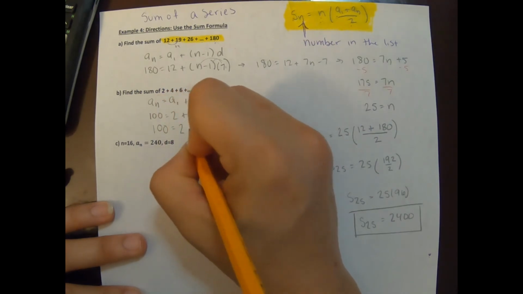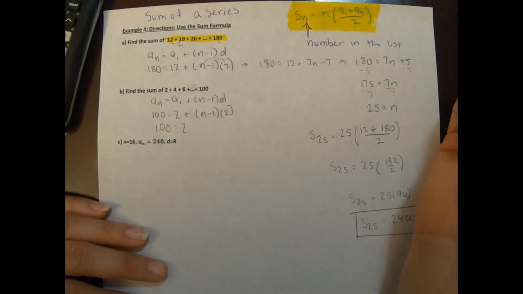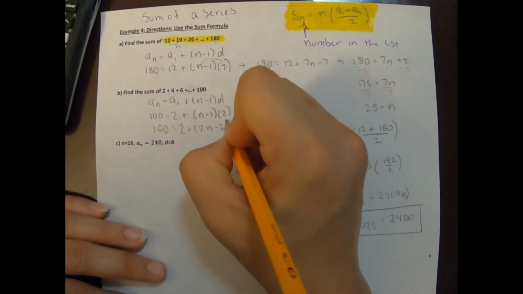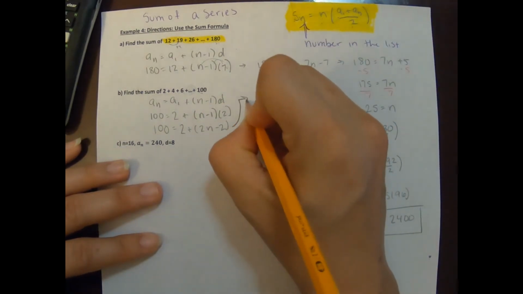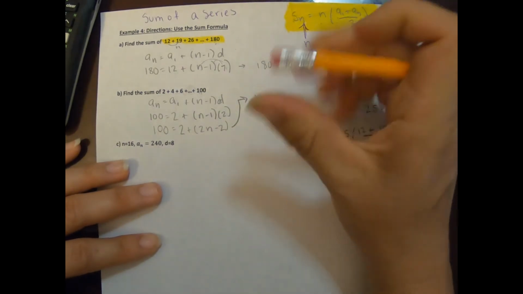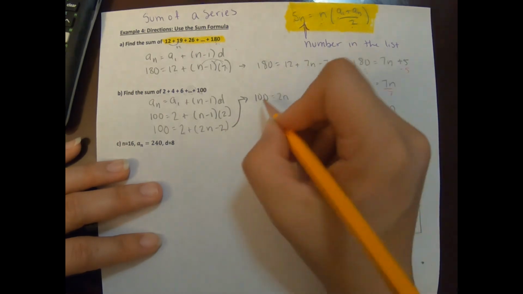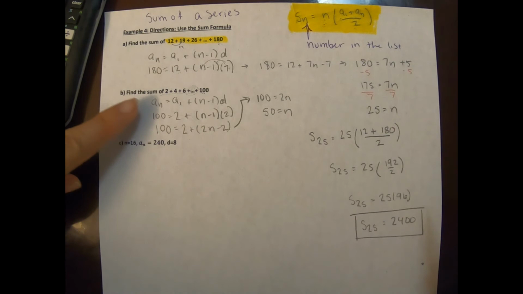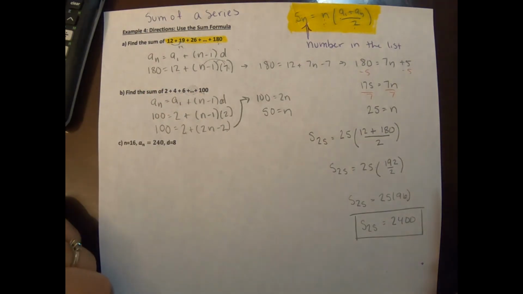So once you get comfortable with these sequences, a lot of this can be done with mental math. And I know students who are really good with patterns just like to figure it out that way. So combining like terms, 2 minus 2 cancels out. And 50 equals n. And a lot of you probably just came to that conclusion realizing that this is going up by 2s all the way to 100.